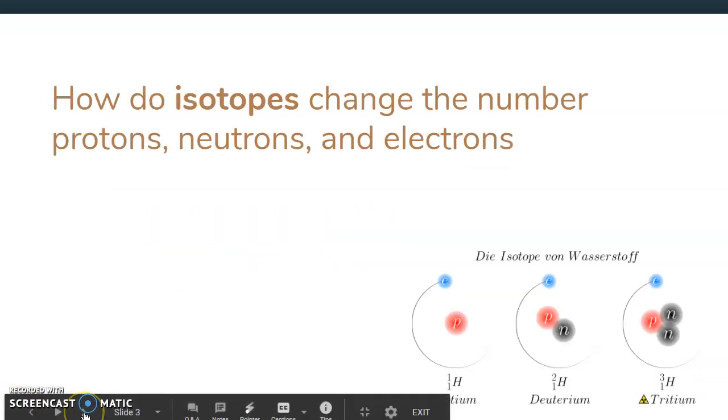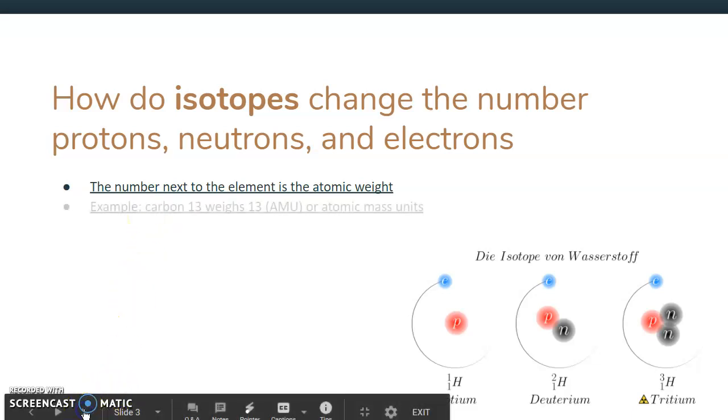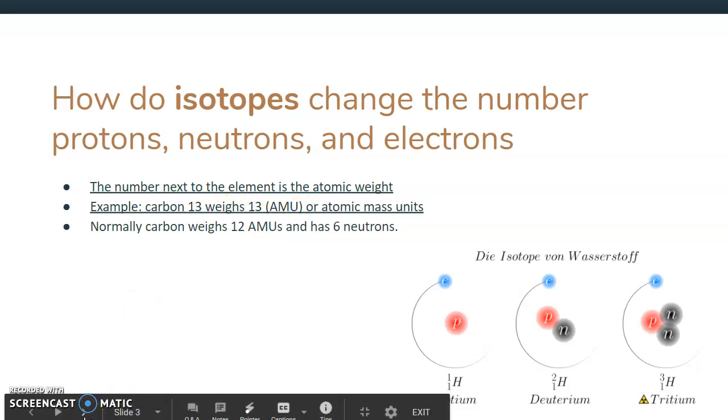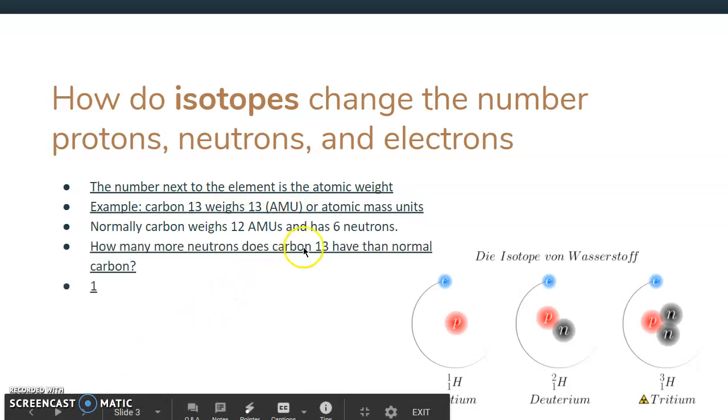But let's see how this would work with calculating numbers. The number next to the element is always its atomic weight, just like we talked about. So carbon 13 weighs 13 atomic mass units. It normally weighs 12 and normally has 6 neutrons.